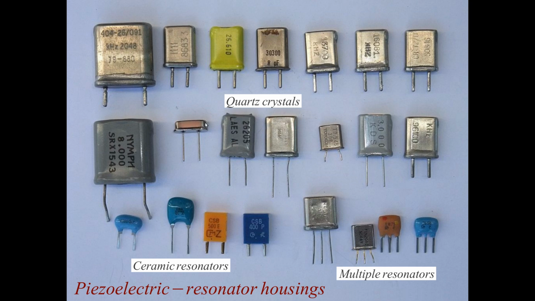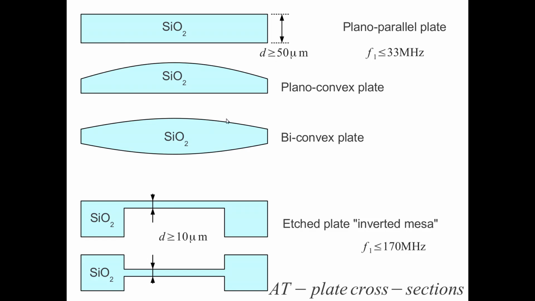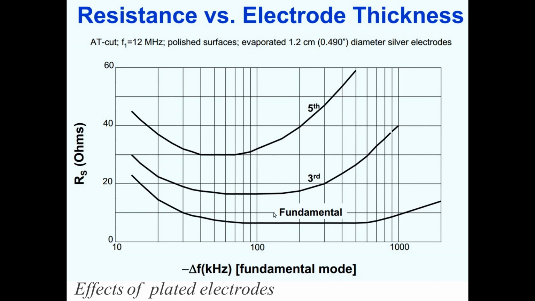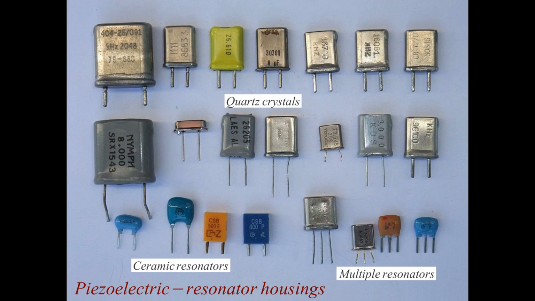Rectangular crystal plates have much higher anharmonics than round crystal plates, so it's much more difficult to control the amount of anharmonics with such inexpensive crystals like this one here.